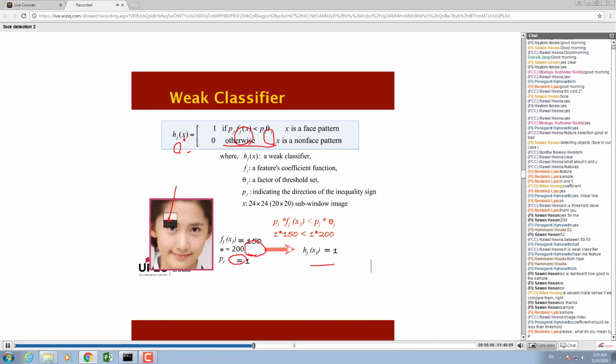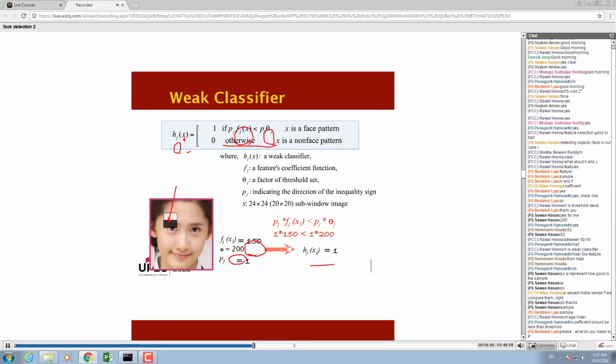When I apply the feature Fj and calculate hj, it returns 0 or 1, similar to y. But the result of the h weak classifier is not always the same as y.